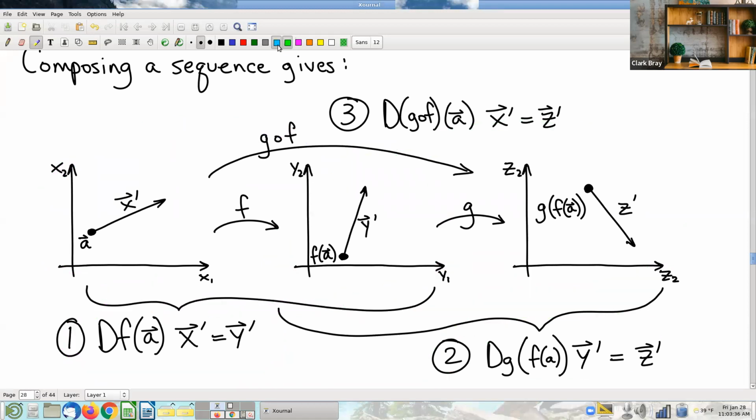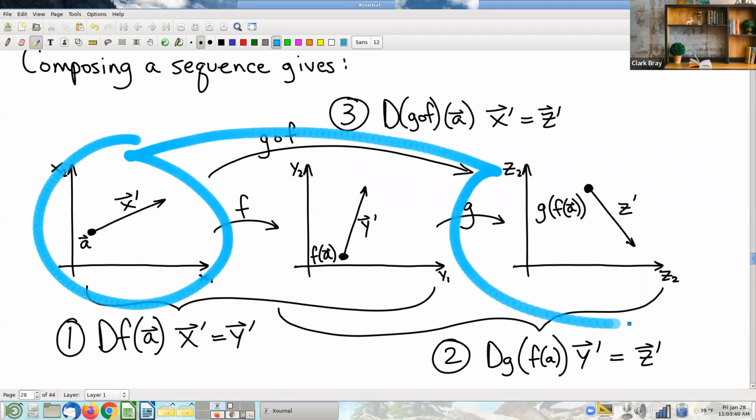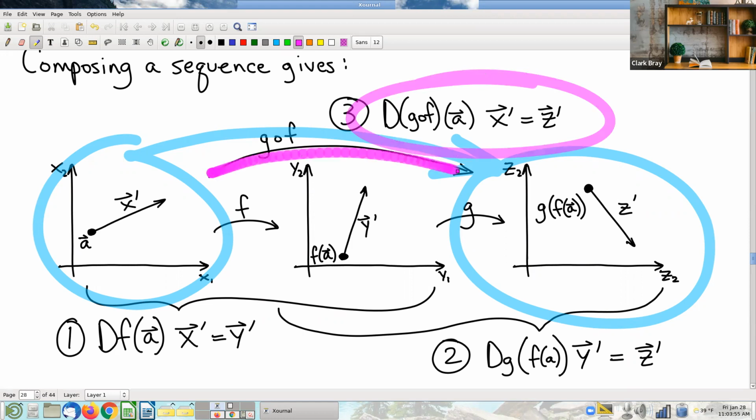How do I relate x prime and z prime directly, momentarily ignoring what's going on in the middle? x is the in, z is the out. Well, the derivative of the composition, because the composition is the function.